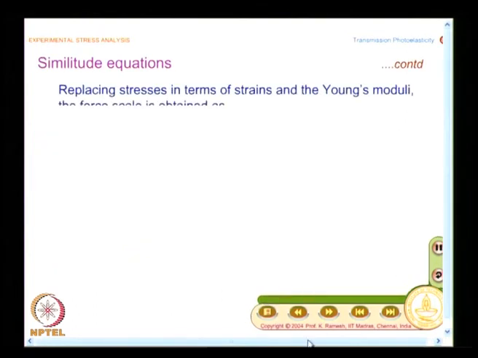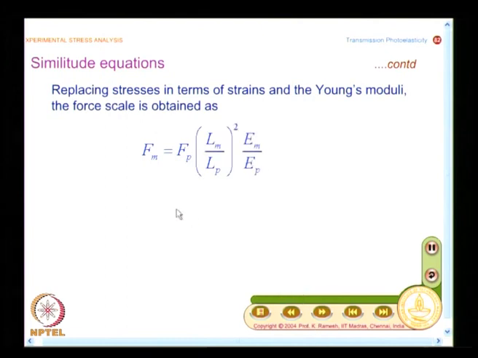How does the equation look like? So, what we do is we replace the stresses in terms of strains, and the Young's moduli, the force scale is obtained as the force that I need to apply on the model is related to the force that is coming on the prototype into Lm by Lp whole squared into Em by Ep.